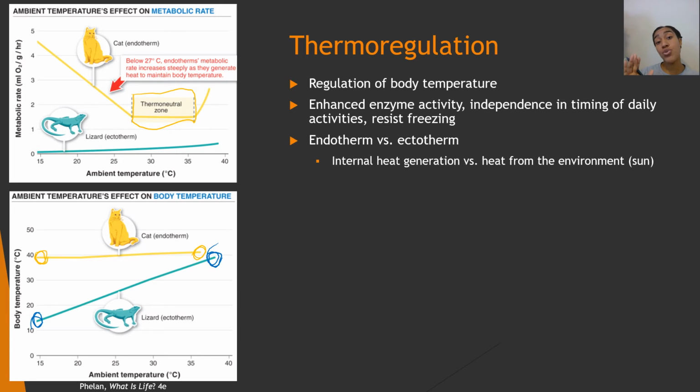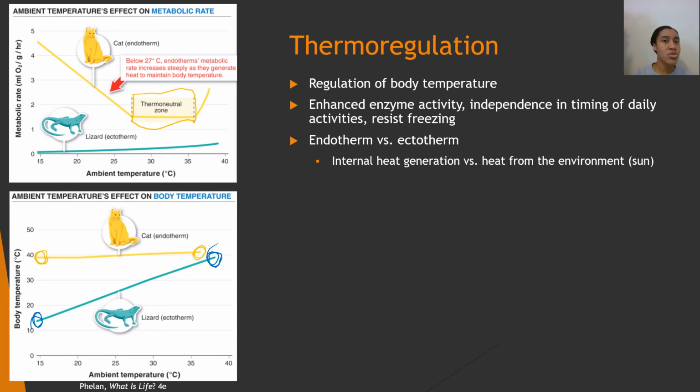But if it gets colder than around 32, or hotter than 37, the animal has to expend ATP, expend energy to get back to that neutral zone to maintain their body temperature. But the ectotherms don't have to do that. They don't have to expend nearly as much energy because their body temperature fluctuates with the environment.